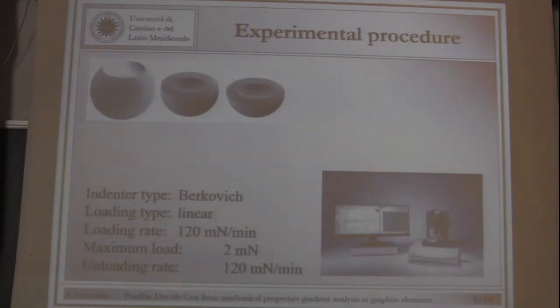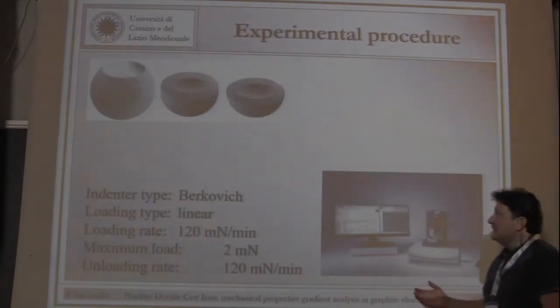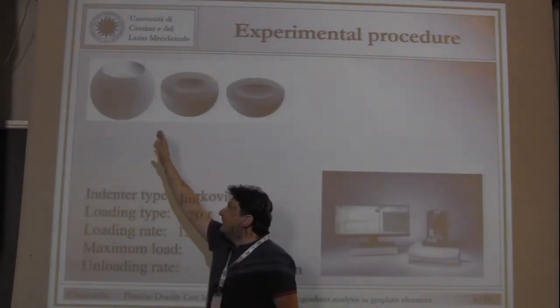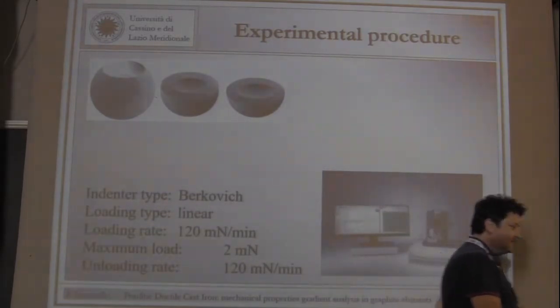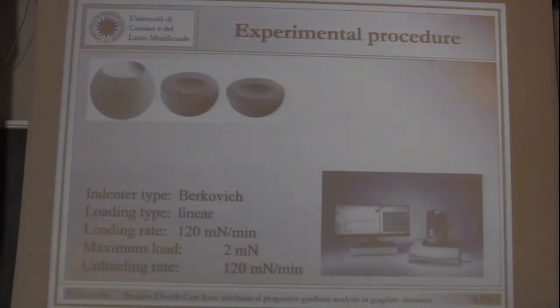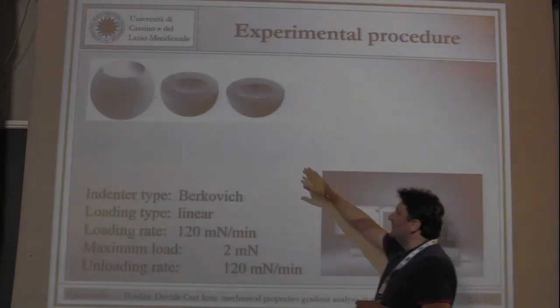In the experimental procedure, it is important to prepare the surface, because the surface which we are testing can be taken in this way, where the cutting surface is across the center of the nodules. In this way, we can see the properties of the core of the nodule, but also of the outer surface. The second one is almost off the center, and in the third, we can see that the plane observed is perfectly on the center of the nodules.